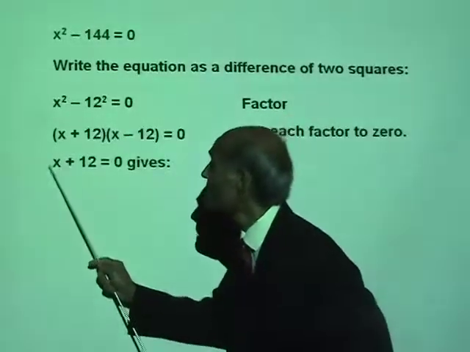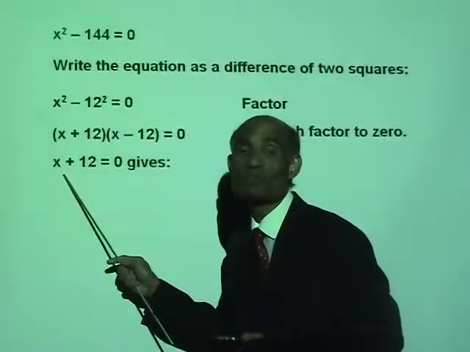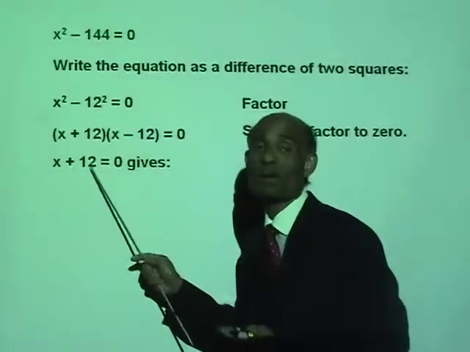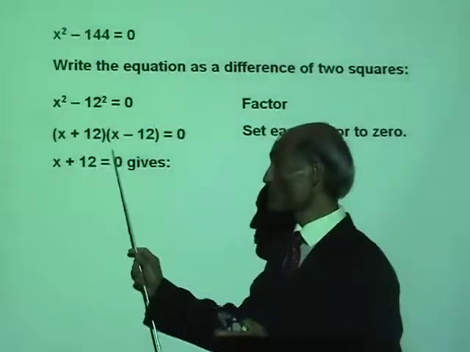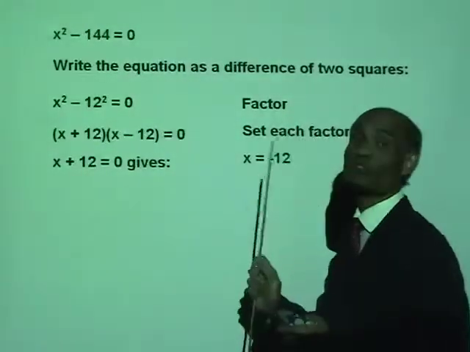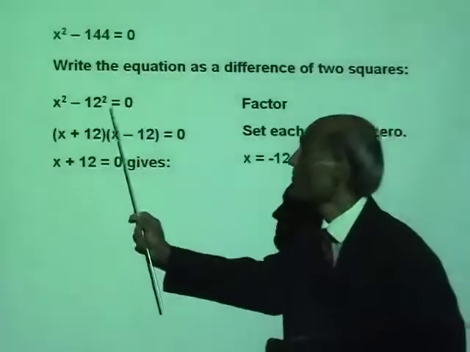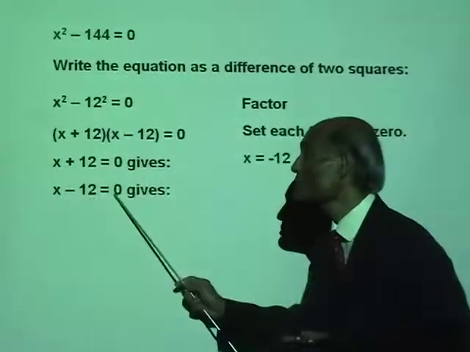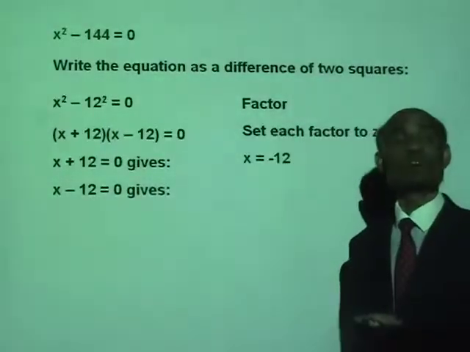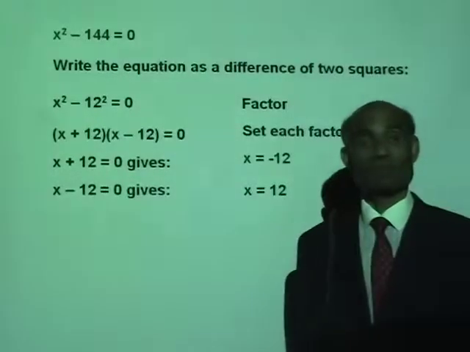Setting x plus 12 equal to 0, what is the value of x? Moving the 12 to the right side gives you x equal to negative 12. Second factor, set the second factor to 0. x minus 12 equal to 0 gives you x equal to positive 12.